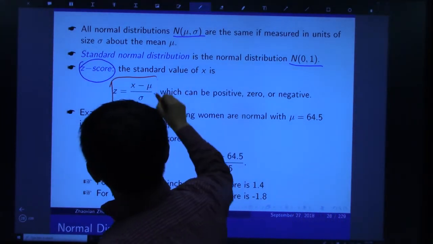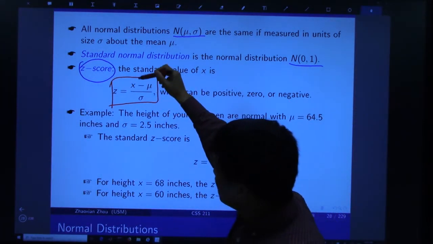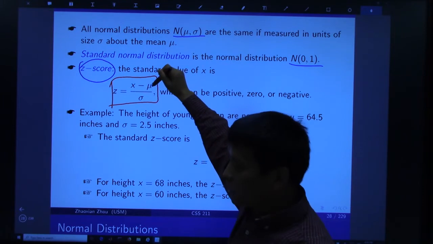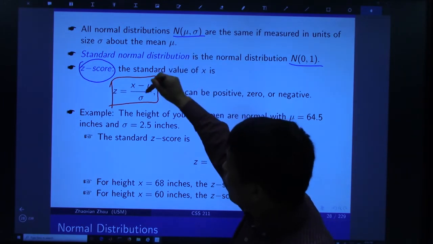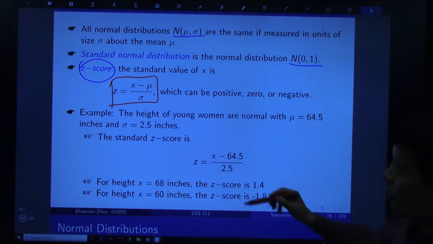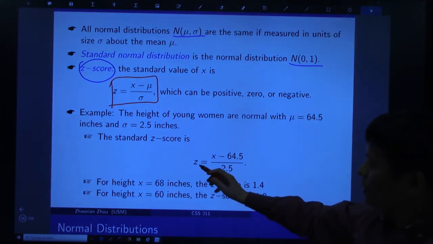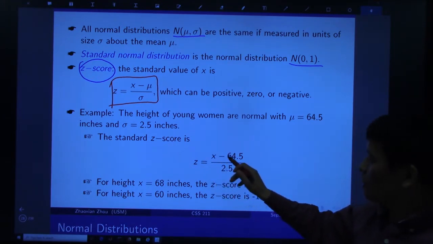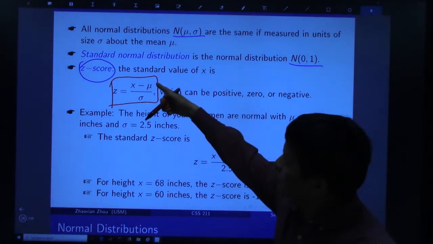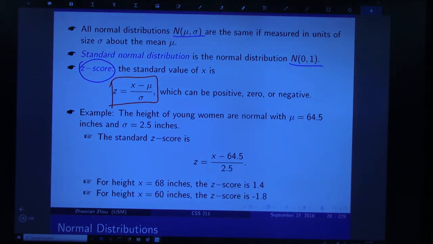The z-score corresponding to x will be equal to that x value minus mu, then divided by the standard deviation. Applied to this example, the z-score corresponding to x will be x minus 64.5, which is mu, divided by 2.5, which is the standard deviation of this distribution.